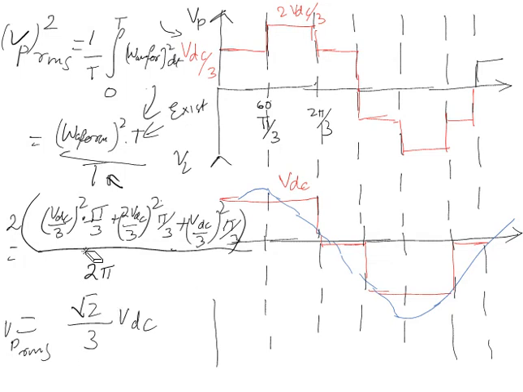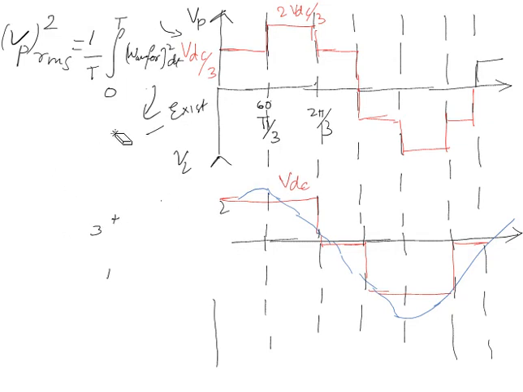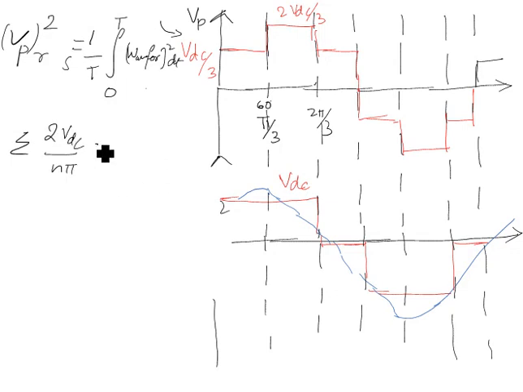Next, if you take out the Fourier of this waveform, the Fourier series will be summation 2 VDC by n pi sine n omega t, where n varies from 6k plus minus 1 to infinity.